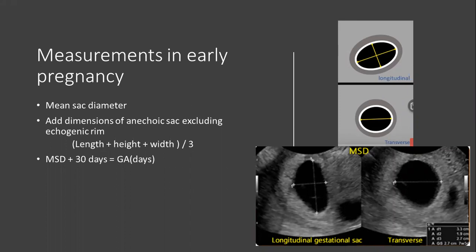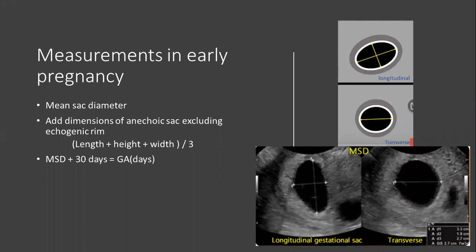So we are going to take a look at what we use to date a pregnancy in the first trimester. The first tool that we use to measure gestational age in the first trimester is the gestational sac, where we get the mean sac diameter. That is 3 measurements, and then we get a mean.